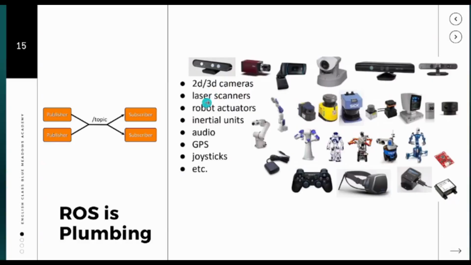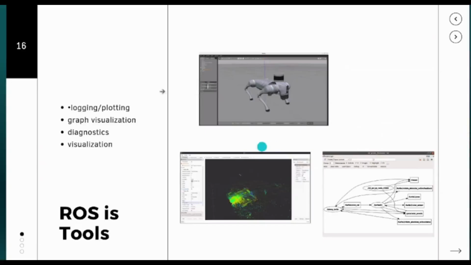GPS, joysticks and all those kind of things can publish data into those topics. After the data is published into these topics, any kind of software stacks or processors can subscribe to those topics and fetch that data.